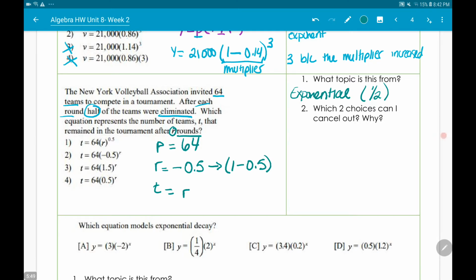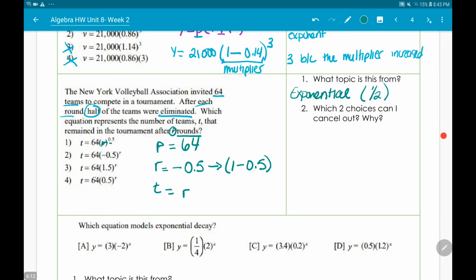Okay, so let's see. What could we eliminate? All of them have 64 as their principal value, so that's no help. Let's look at the multiplier. Number 1 is interesting. The r value is in the multiplier position when we said that rounds was supposed to be our time.